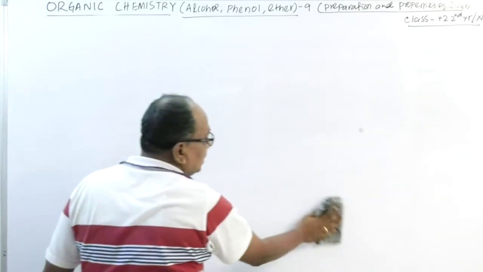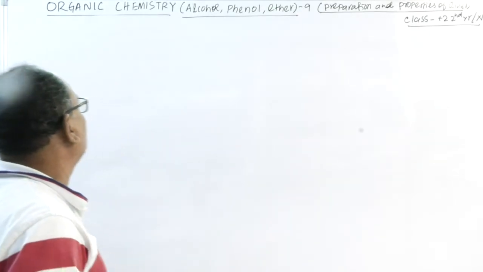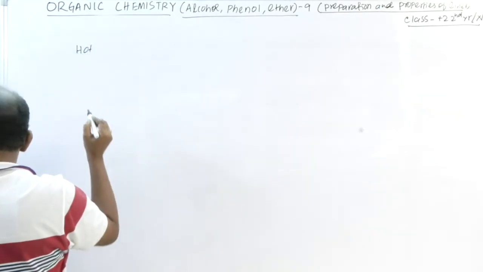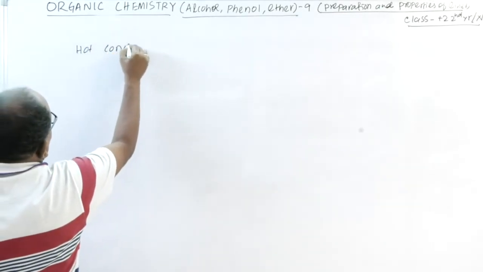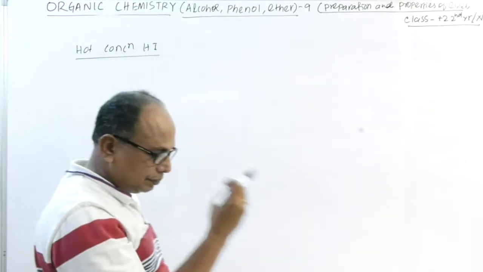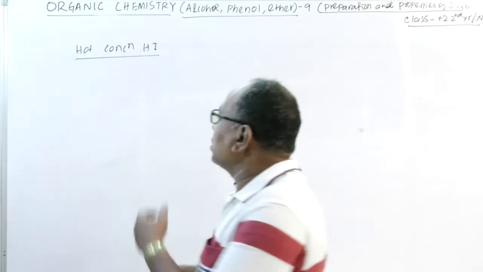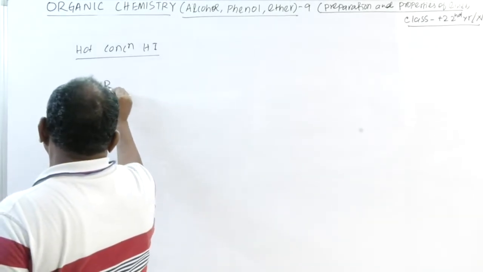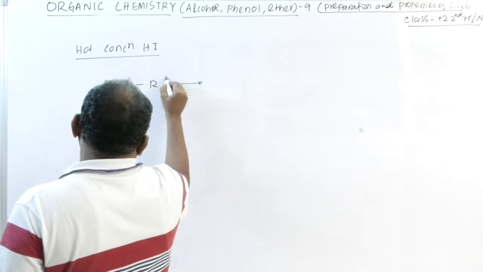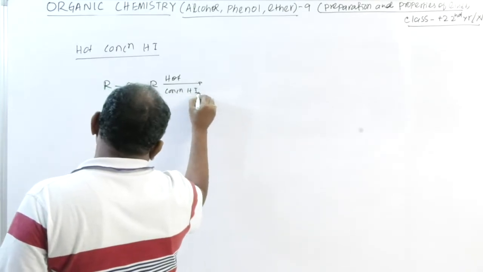Okay, students, this is the reaction of ether with cold and concentrated hydrogen iodide. Let us see the reaction with hot concentrated hydrogen iodide. ROR reacts with hot concentrated HI.